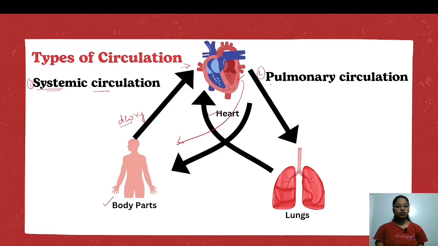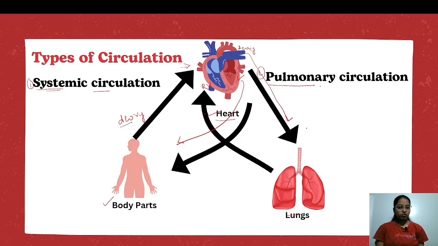The next type of circulation is pulmonary circulation. Pulmonary circulation is present between the heart and the lungs. Now see, the deoxygenated blood present in the right ventricle goes to the pulmonary artery. That is, deoxygenated blood from the right ventricle goes through the pulmonary artery to the lungs.